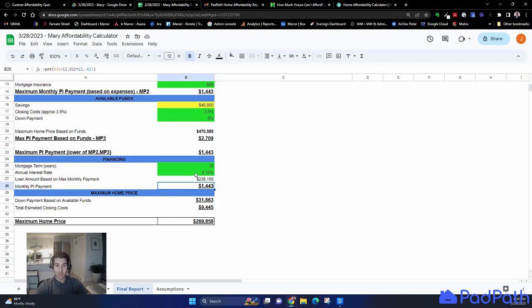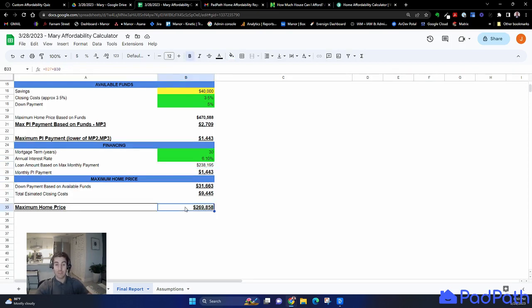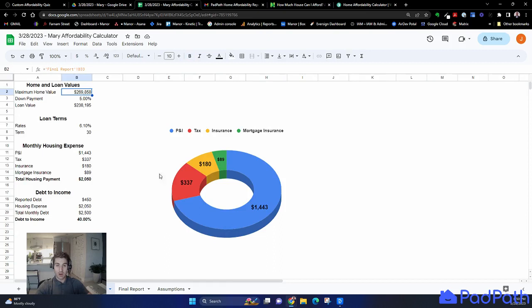So taking the mortgage rates as they are today, 6.1% on average for a 30-year loan, we know that Mary can afford a $238,000 loan, putting 5% down, bringing Mary's maximum home value to $269,000. You'll see that over here on the summary page. Mary's maximum home value is $269,000.